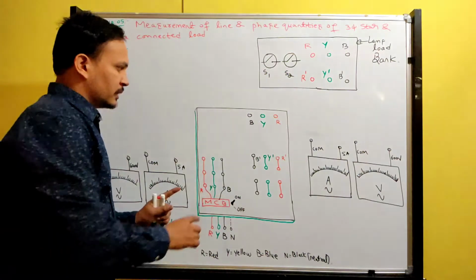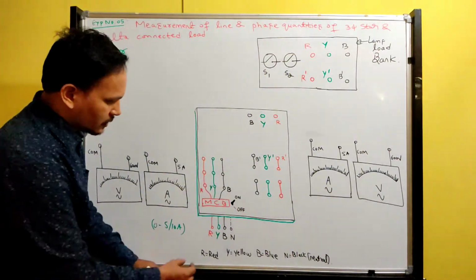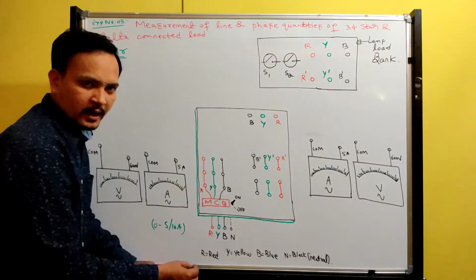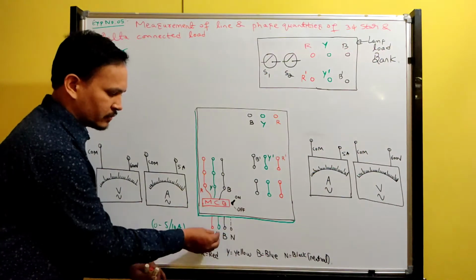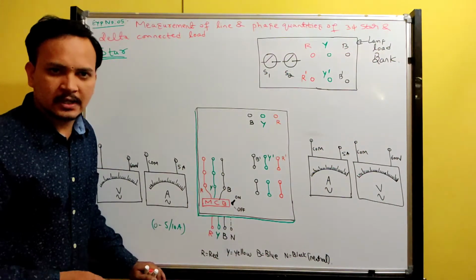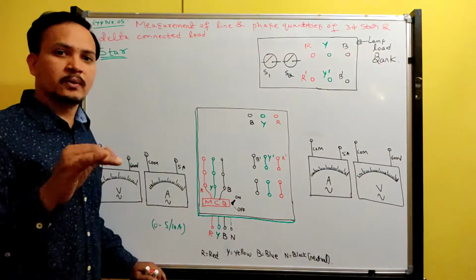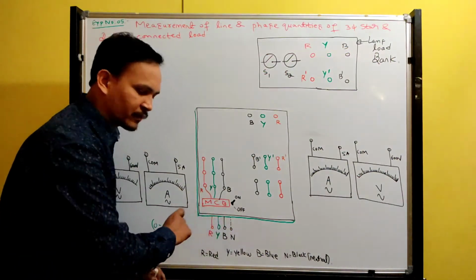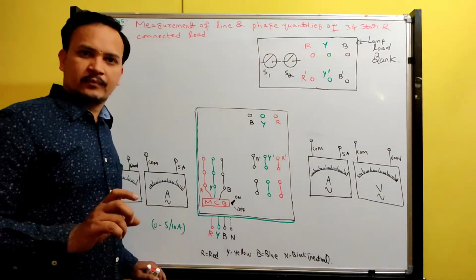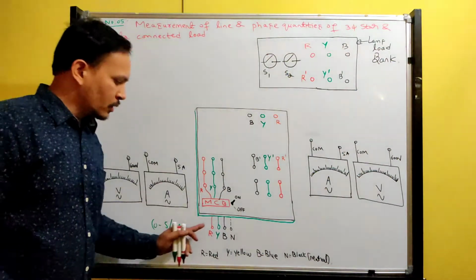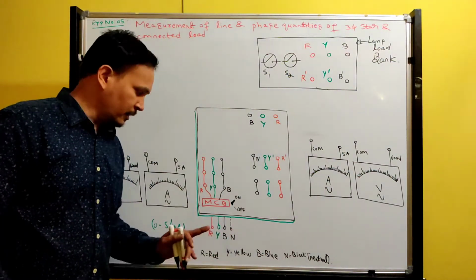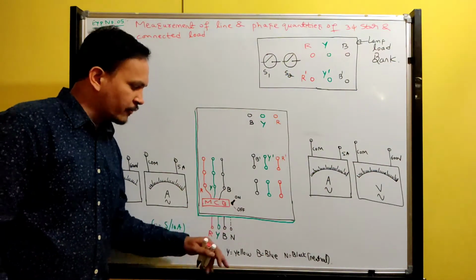Okay, now in the test kit, we will give supply. There will be 4 wires. These 4 wires we are going to connect to the three-phase AC supply. But while doing connections, don't connect these 4 wires directly to the supply. While doing connections, don't connect these wires and keep the MCB in off position.